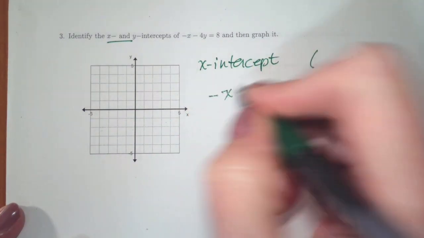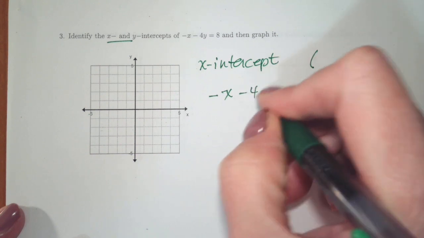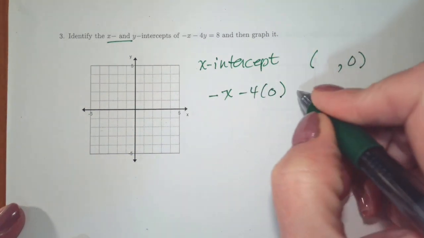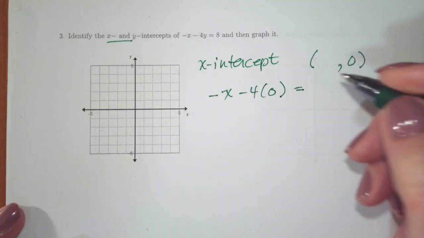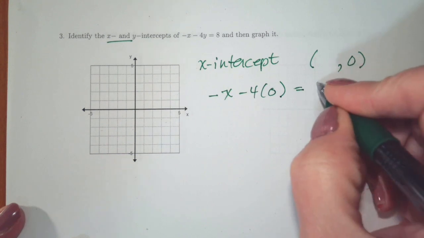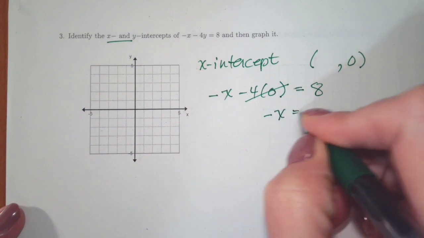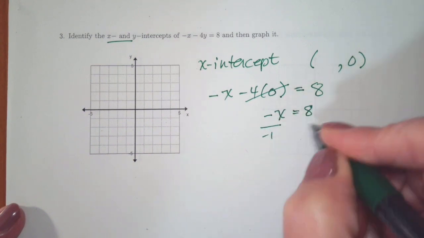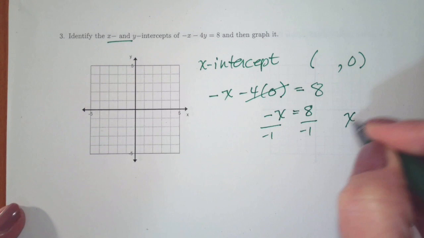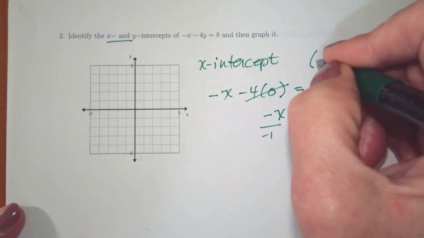So this gives me negative x minus 4 times 0 is equal to 8. That becomes 0. Negative x is 8. If I divide both sides by negative 1, I get x equals negative 8.